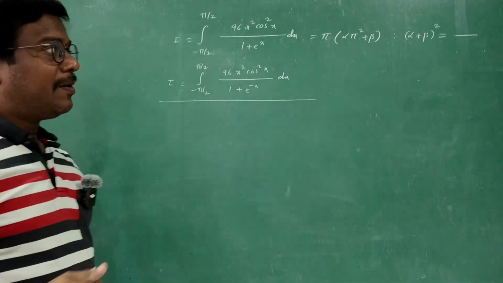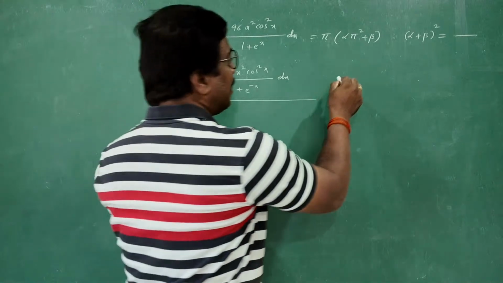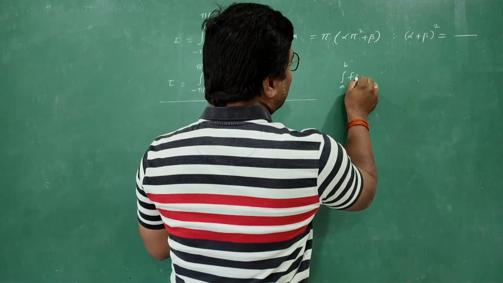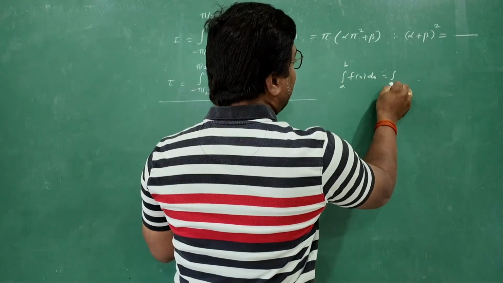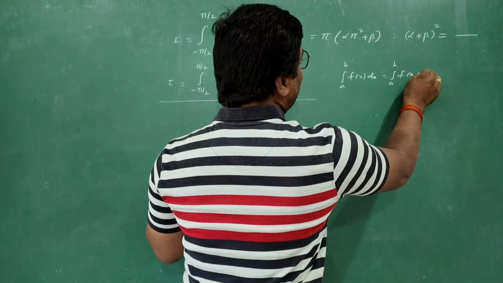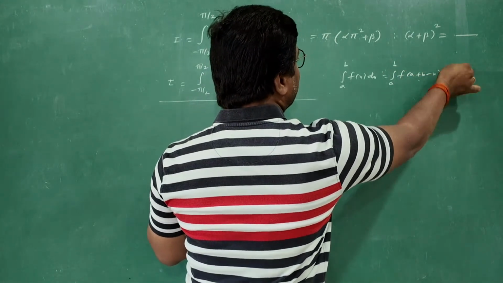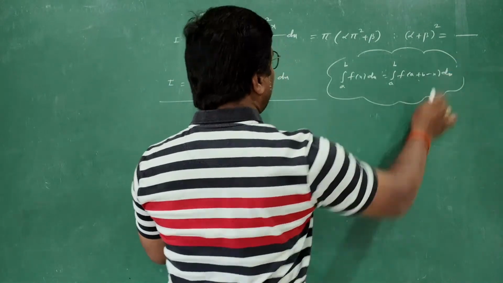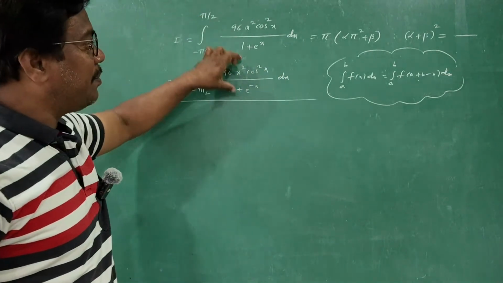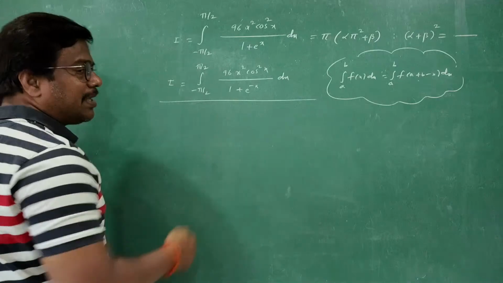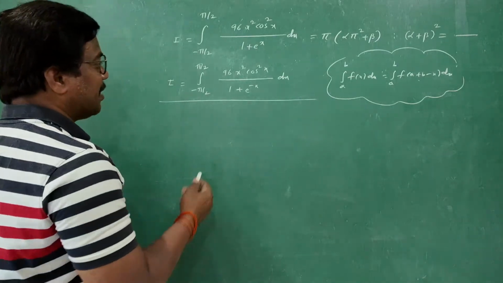By the king property, integral a to b f of x dx is written as integral a to b f of a plus b minus x dx. Using this property, the function becomes like this. Only the change is in the denominator part, that is 1 plus e power minus x.